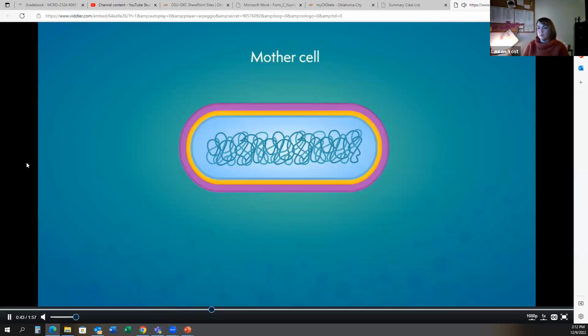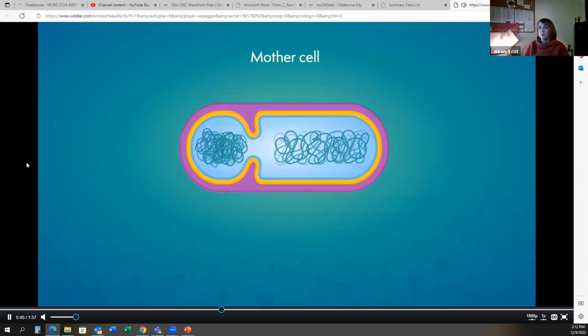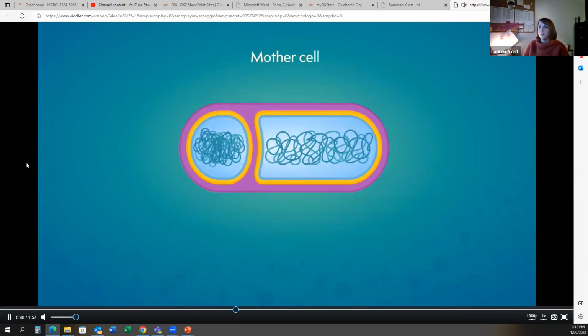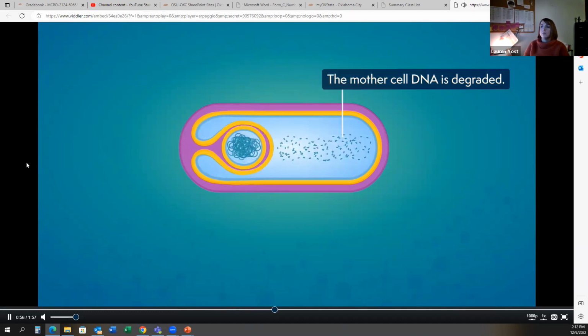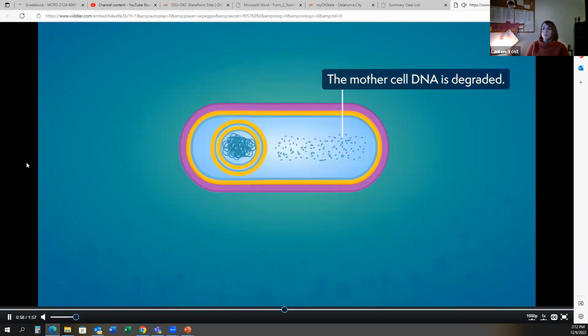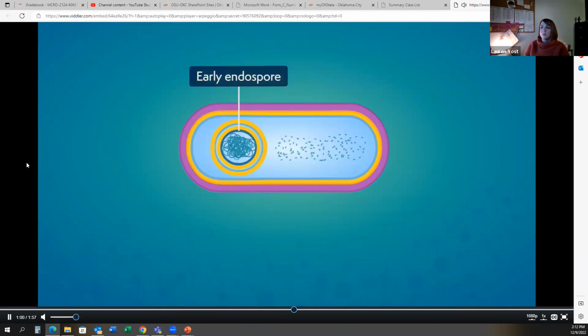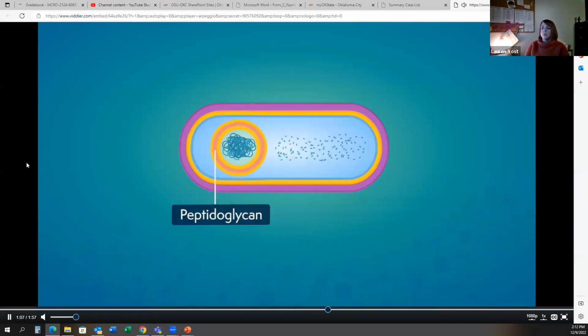Next, the DNA divides into 2 complete copies, and the mother cell membrane invaginates to form the developing forespore. The mother cell membrane continues to grow and engulfs the developing spore. The developing spore is now surrounded by 2 membrane layers. Next, peptidoglycan is laid down between the 2 membranes to form the cortex.